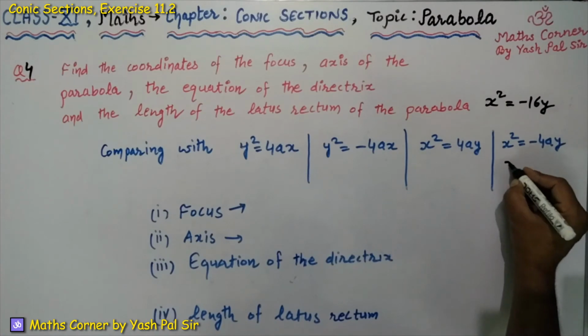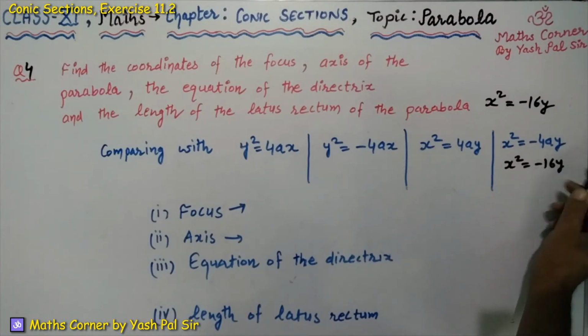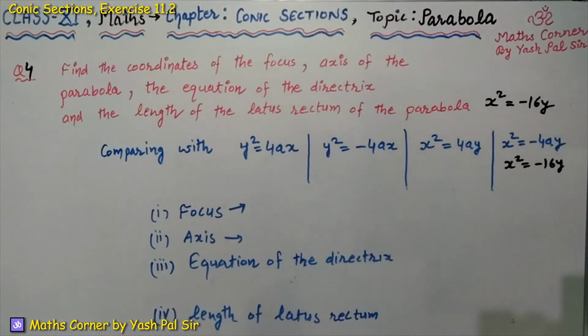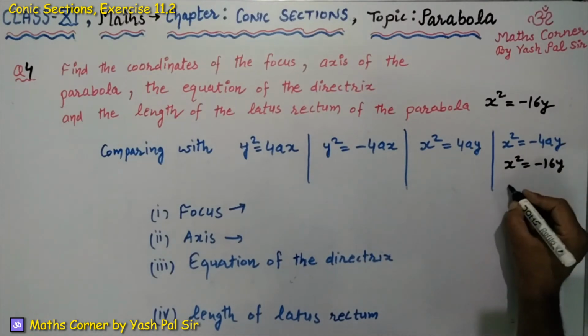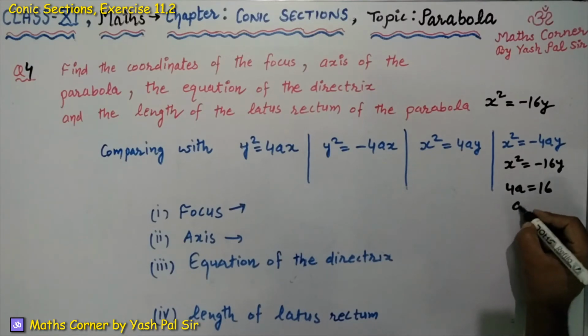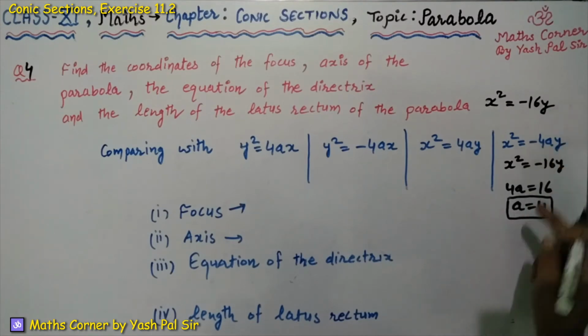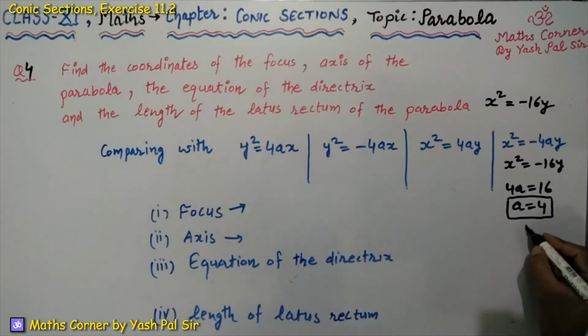So on comparing with x square is equal to minus 4ay, this is the way. With this equation we can compare. That means we have 4a is equal to 16, that is a is equal to 4 is the value.